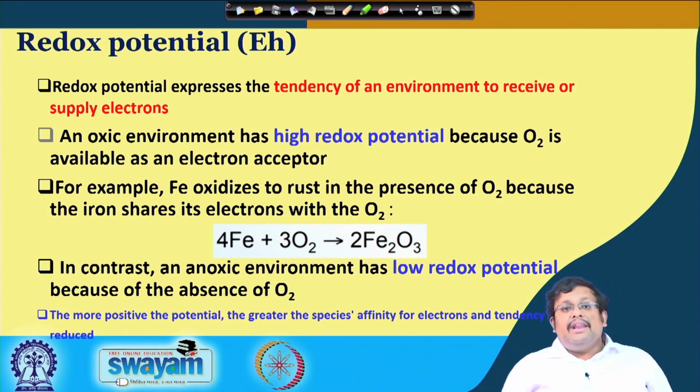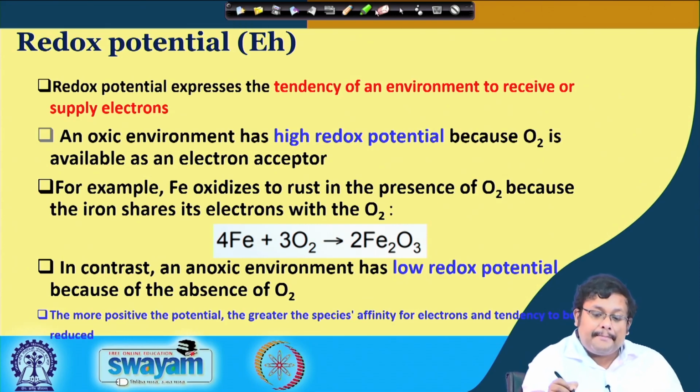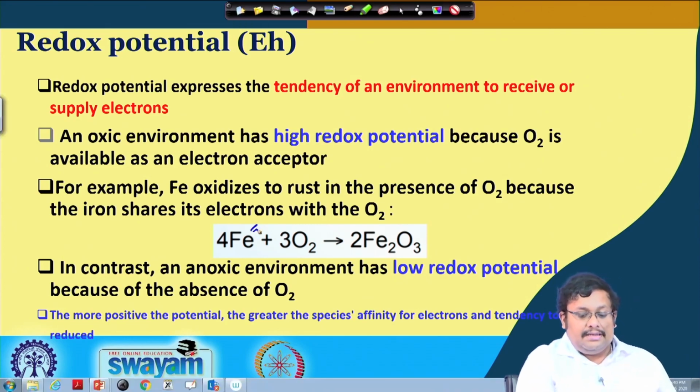For example, iron oxidizes to rust in the presence of oxygen because the iron shares its electrons with the oxygen. So, you can see here, 4 Fe plus 3 O2 gives rise to rust, or Fe2O3, ferric oxide.